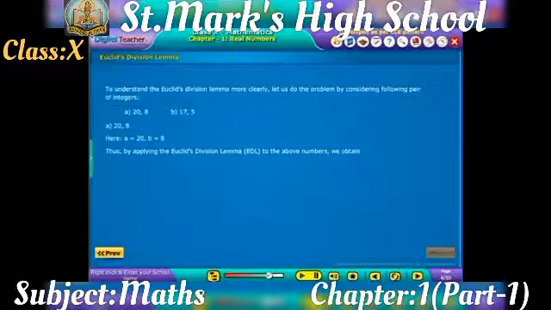Thus, by applying Euclid's division lemma, EDL, to the above numbers, we obtain as follows. Here we know that A is equal to BQ plus R. So when 20 is divided by 8, we obtain quotient Q as 2 and remainder R equal to 4. Substituting the obtained values of Q and R in the above expression, we obtain both LHS and RHS equal.